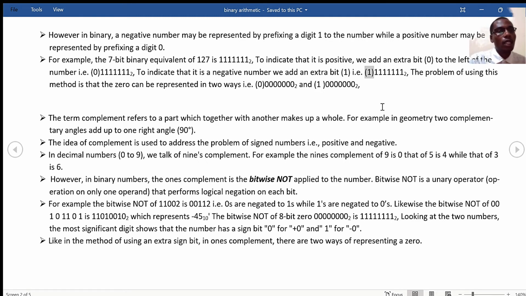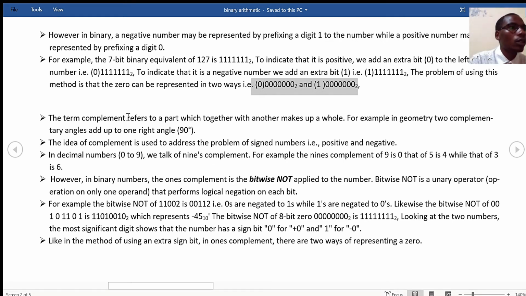If I put 1 before zeros, it will still remain a 0. So when representing a 0 in binary, we have two ways in which we can represent it, by either putting 0 or putting 1, because it means the same. We don't have negative or positive 0.